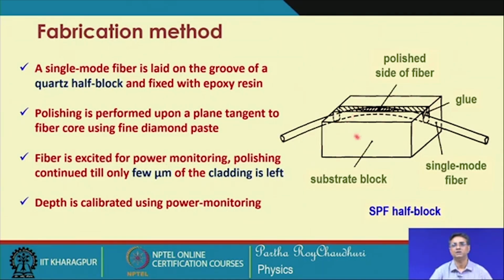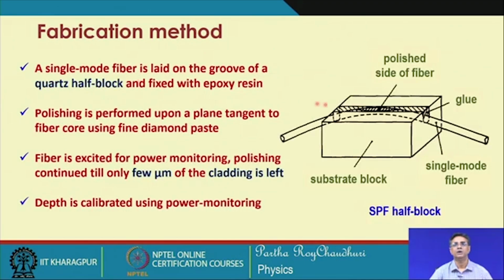While polishing, if you launch some input light and look at the output power, then knowing the output for this much polishing, we can calibrate how much depth has been polished. So, this is one very beautiful technique to calibrate the depth of polishing by real time monitoring of power.